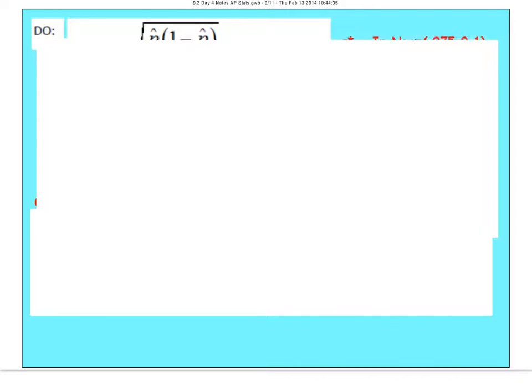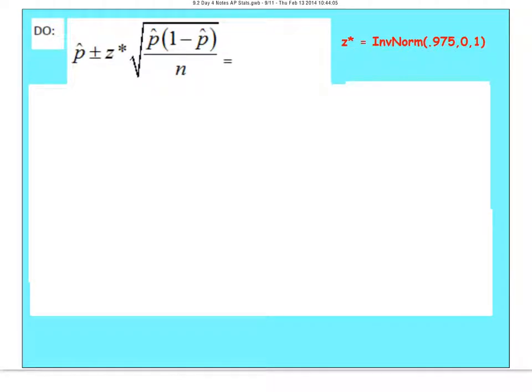Now, the do portion. For the do portion on here, we have the formula written out for the confidence interval. Again, if I stated the one sample Z interval for P, I do not have to state this. We do, if we want to find the actual critical value for our confidence interval, remember on our confidence intervals, because we're 95% in between here, we technically have to go back and we are looking for all of this.